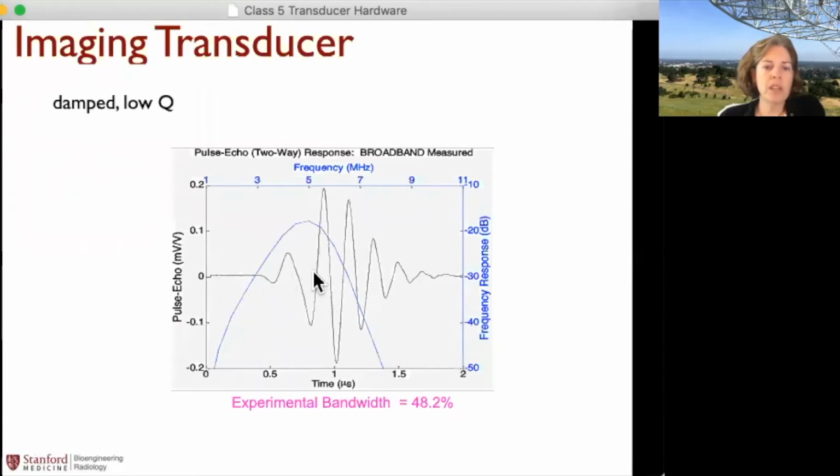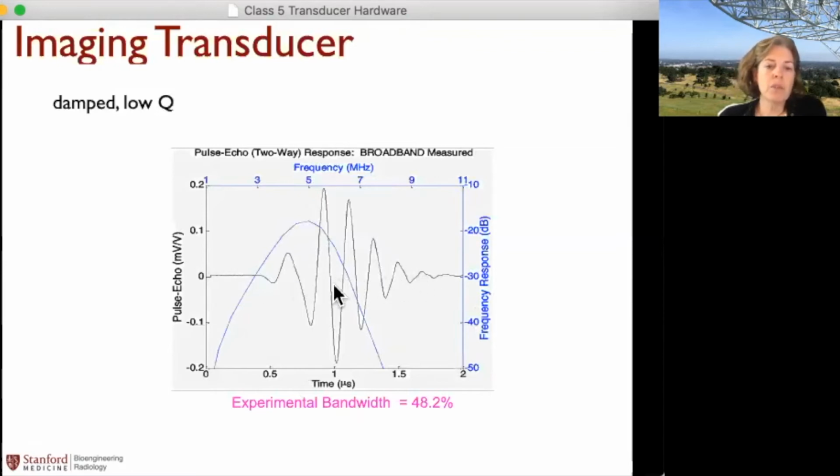So you could actually count the period between one zero crossing and then one period later. What is the length of that period? And then if you looked now at the blue, it gives you your frequency response. You could see the peak of that is the center frequency, and that should correspond to the period that you've calculated from the time signal.